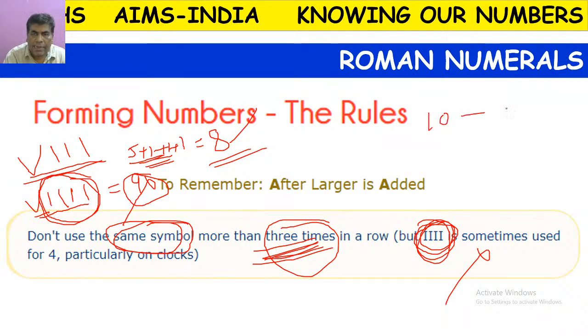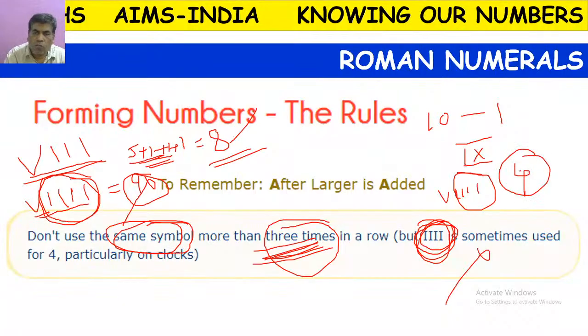We have written 10 minus 1, IX. We cannot add I 4 times.